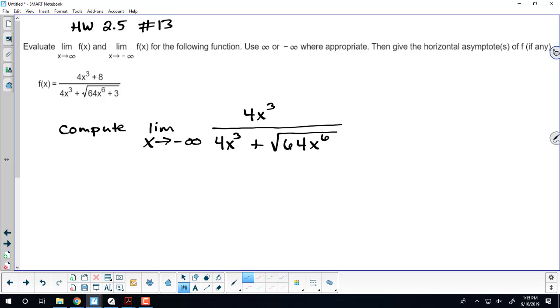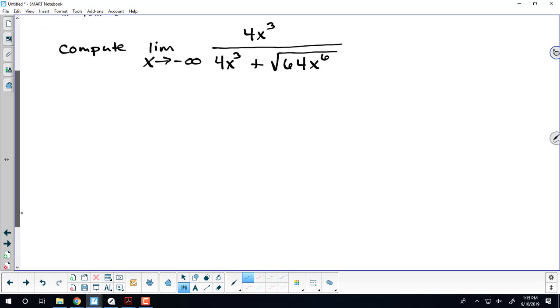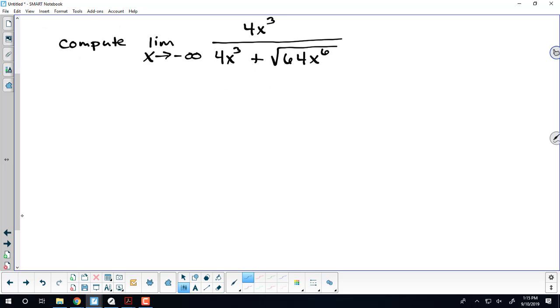So are we all okay with that idea? It's a bit weird because we don't usually ignore the lesser terms until we start looking at limits at infinity. Okay. So let's take that expression and just simplify it algebraically. And then we'll come back up here and work with it.